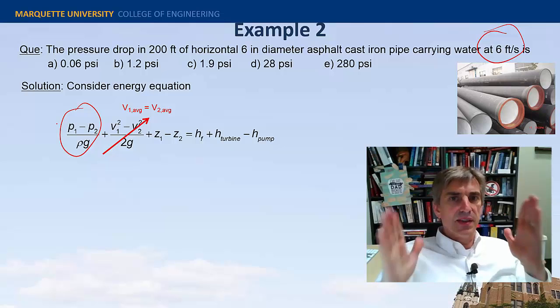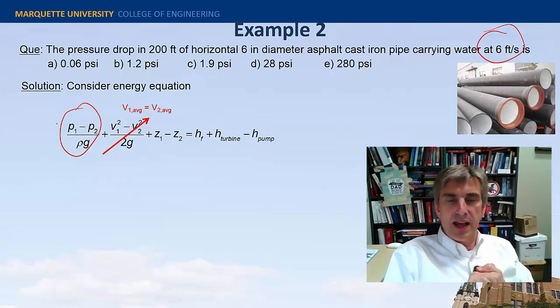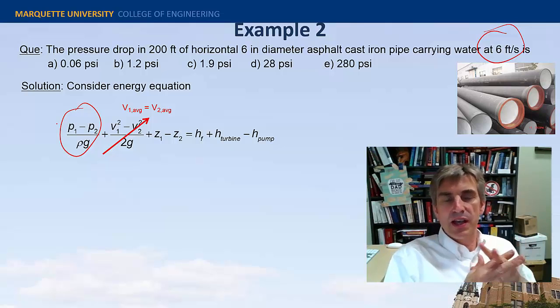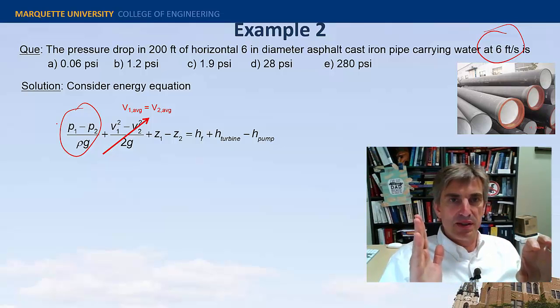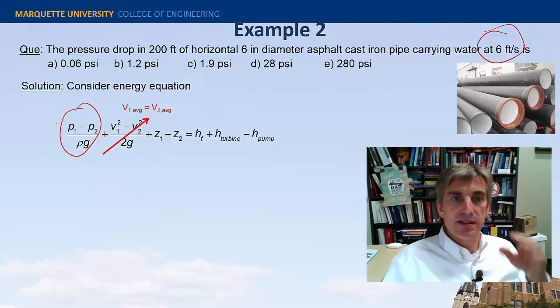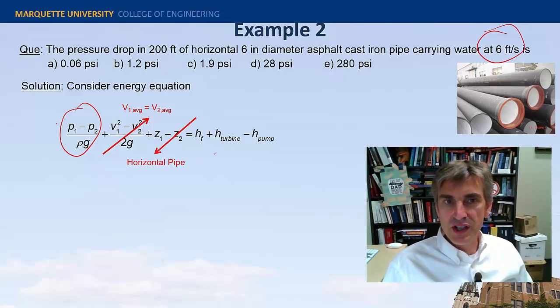We recognize that if it's a constant diameter pipe and the flow is incompressible, then the average mass flow rate at every section must be the same, and therefore, with the area constant and the density constant, the velocity must be constant. If it's horizontal, there's no change in elevation.